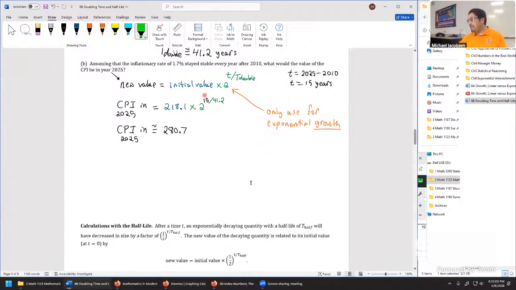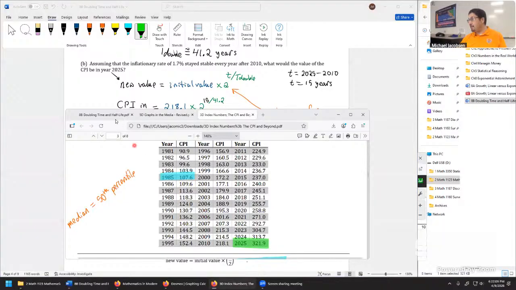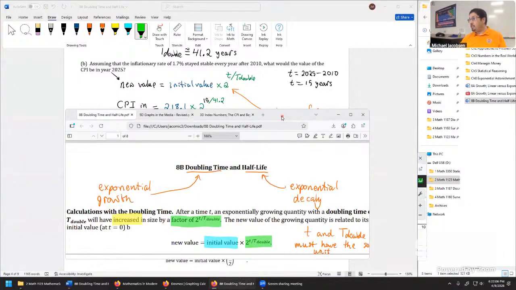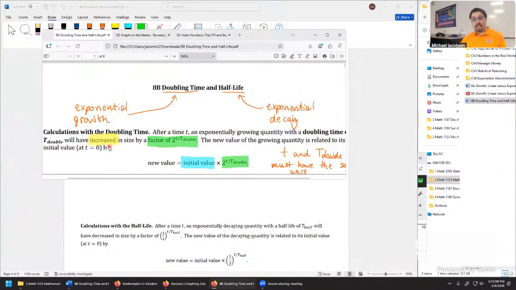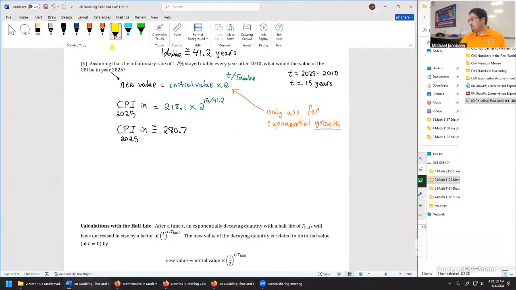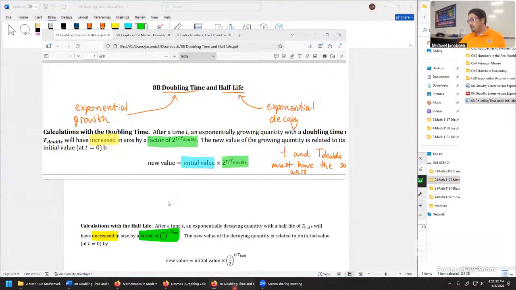So let's indicate the information just like we did here on this. We have something that's decreasing. So let's change from increase to decrease right here. So after a time t, an exponentially decaying quantity with half-life t half will have decreased in size by a factor of 1/2 to the power t divided by t half.